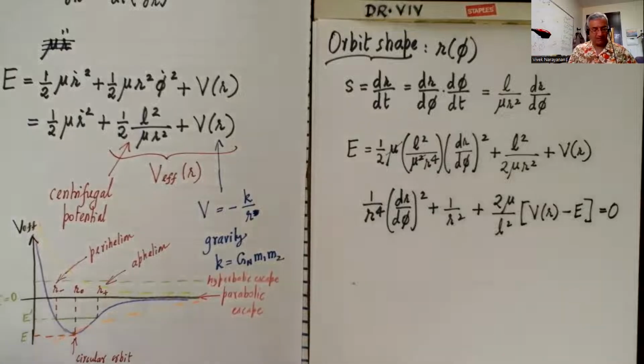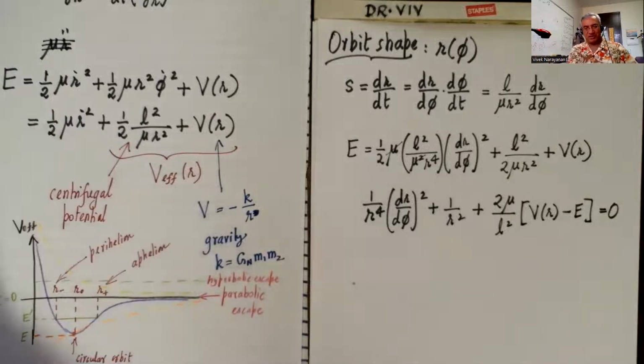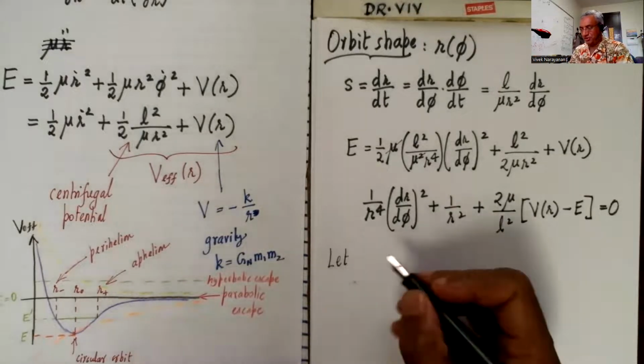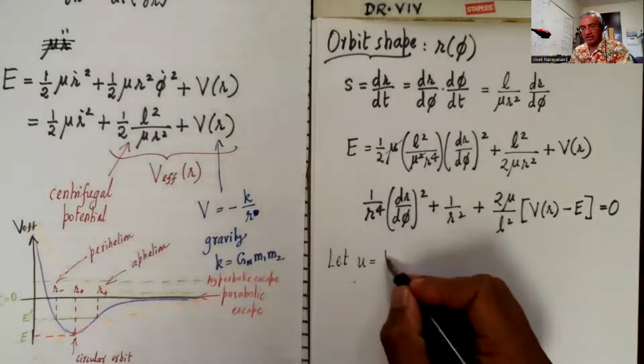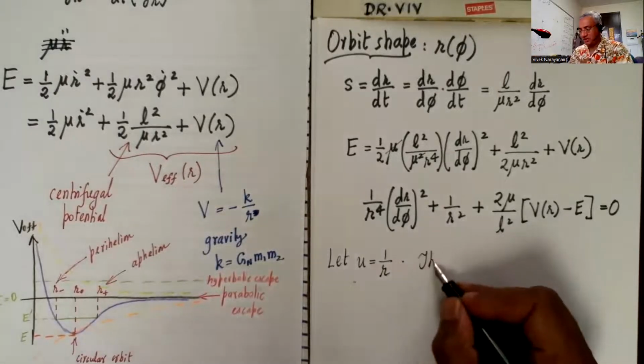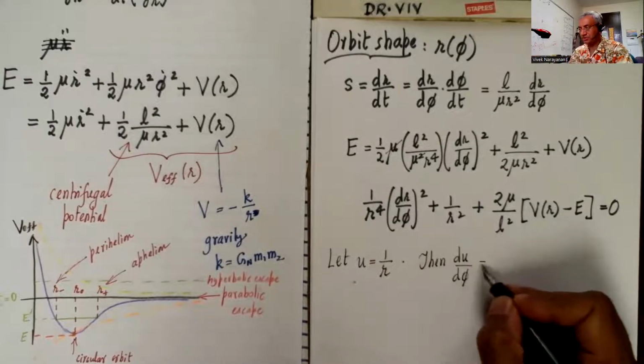But now there's a magnificent trick that either Newton or Kepler, I'm not sure who, discovered. And probably Newton, because Kepler did not know calculus. Let u equal 1 over r. Then du by d phi, what is that by chain rule?